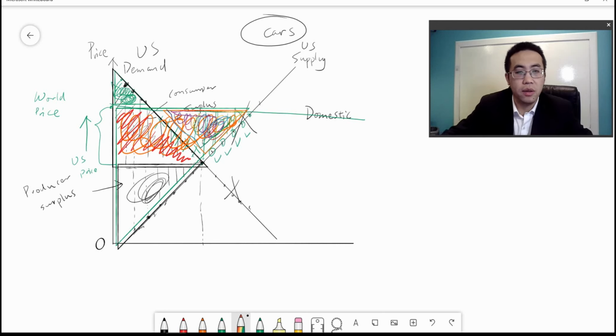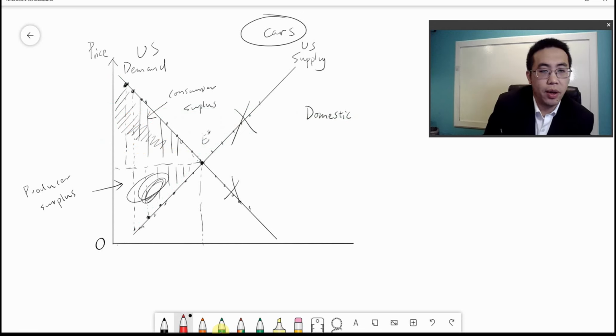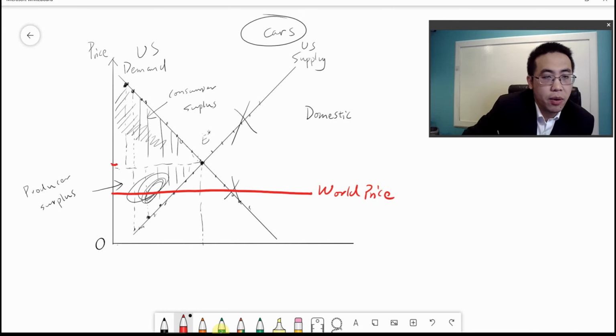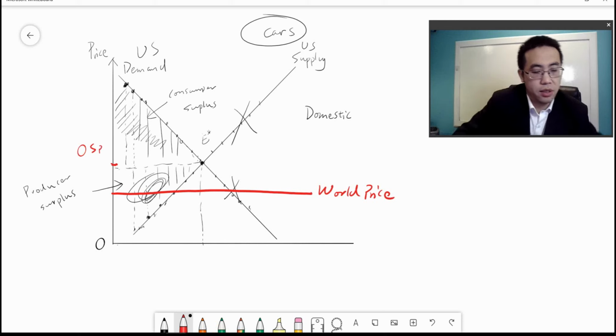Okay, so now I'll get back to the case of the import. What about if the world price is lower than the US level? So this is your world price now, and right here is the US price, the domestic price.